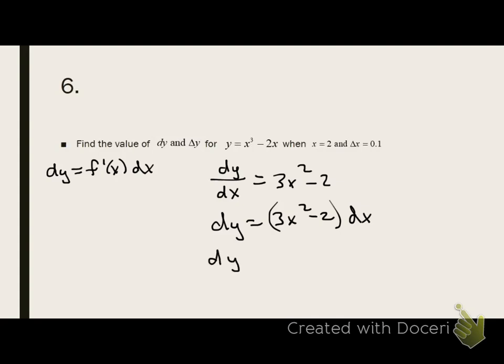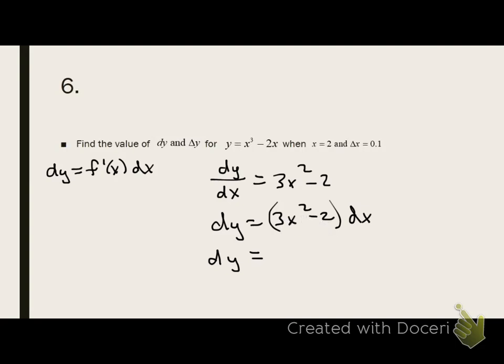And now I can find dy, everybody look up here, by plugging in 2 for x, and remember how delta x is approximately equal to dx. So I'm plugging in 2 here. 2 squared is 4 times 3 is 12.